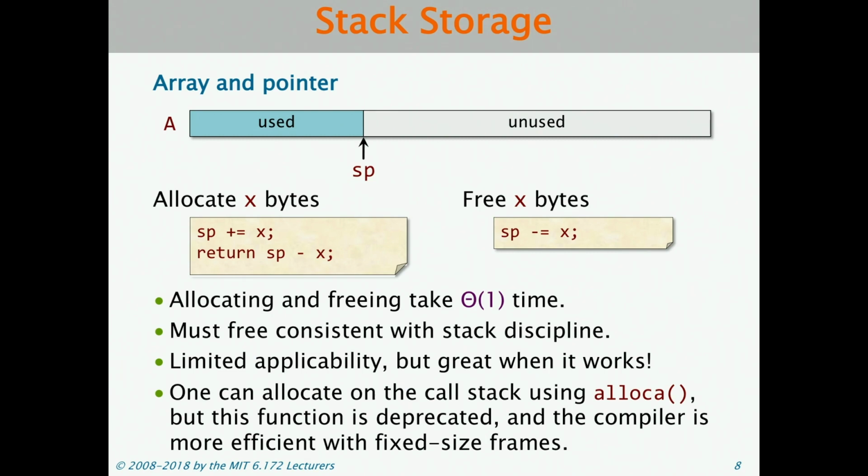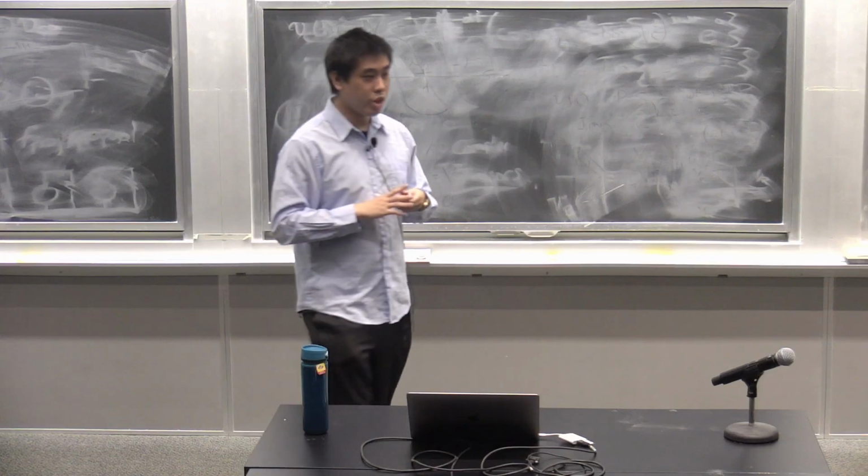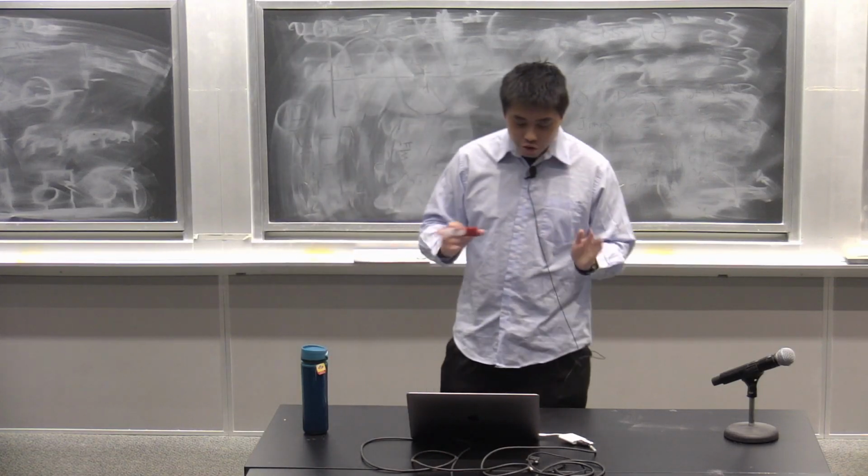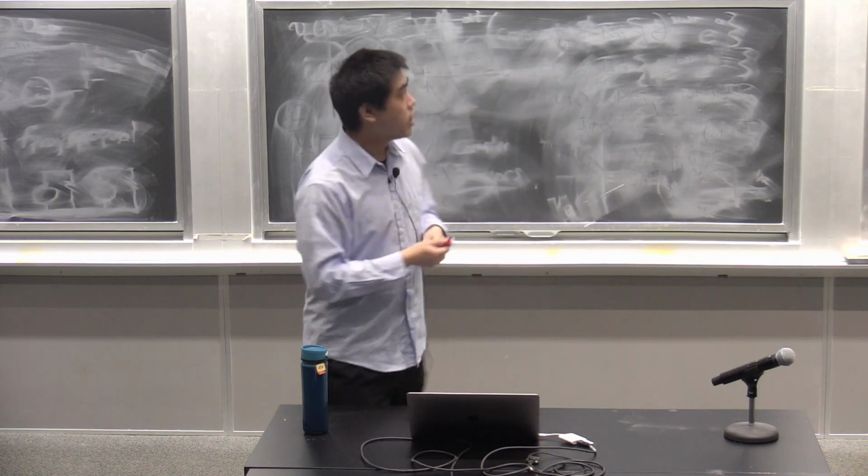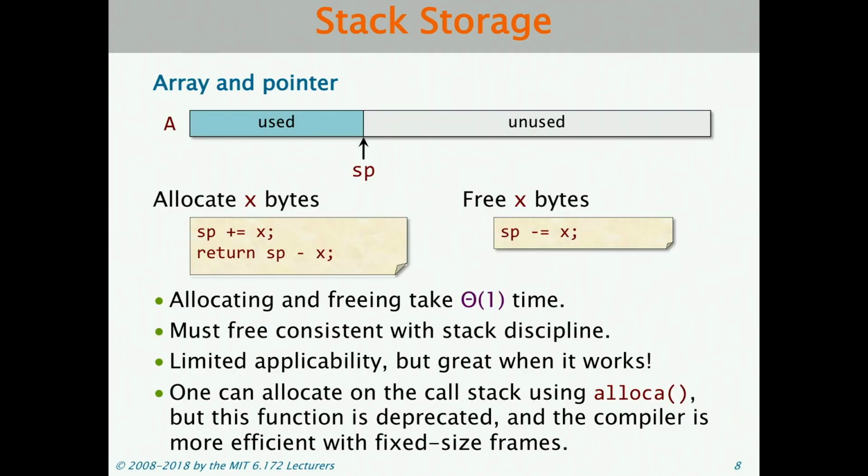However, this is now deprecated because the compiler is more efficient when dealing with these fixed size frames if you just allocate a pointer on the stack that points to some piece of memory on the heap. But nevertheless, if you want to allocate on the call stack, you can call alloca, but you should check that it's doing the right thing since it's deprecated and the implementation is compiler dependent.